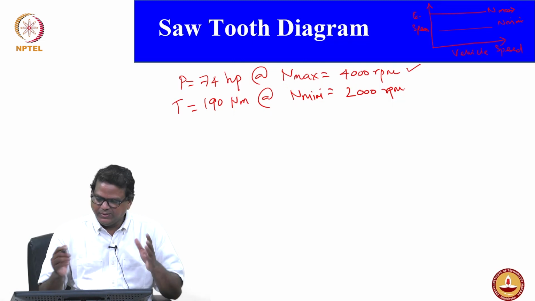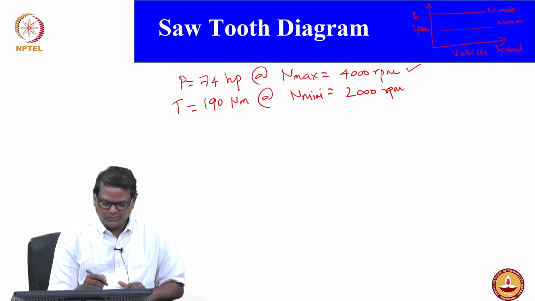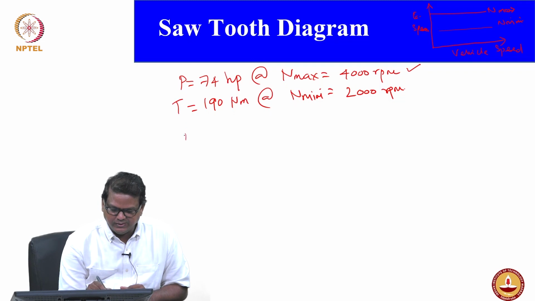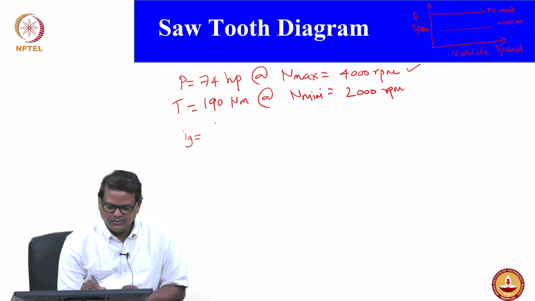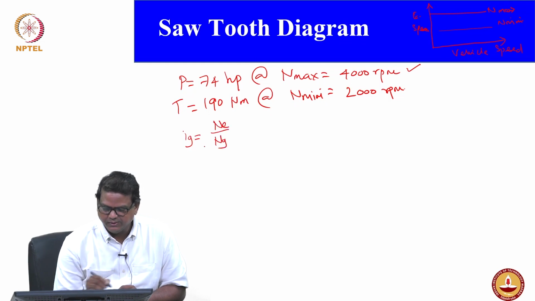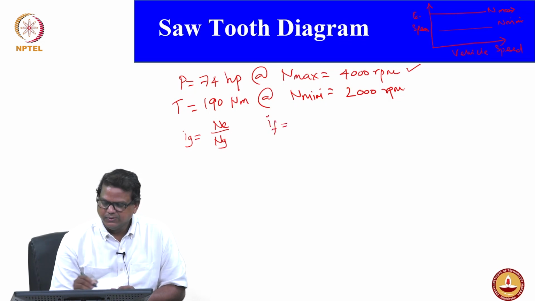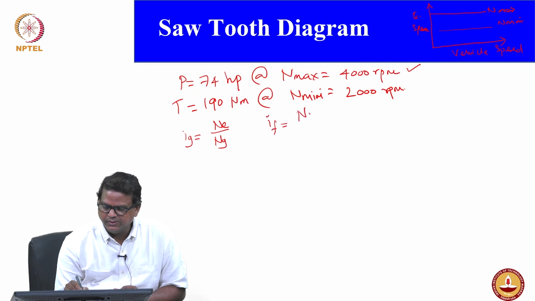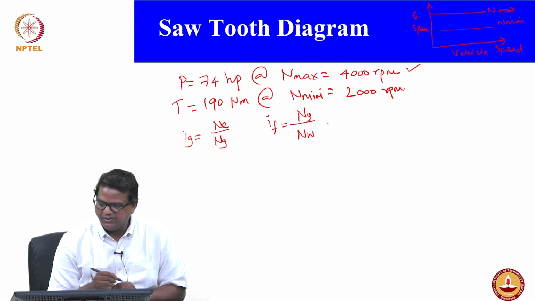Okay, and I also want to give a recap. Your gear ratio Ig is the ratio between engine speed and gear speed. Then the final drive ratio is the ratio of gear speed by wheel speed.